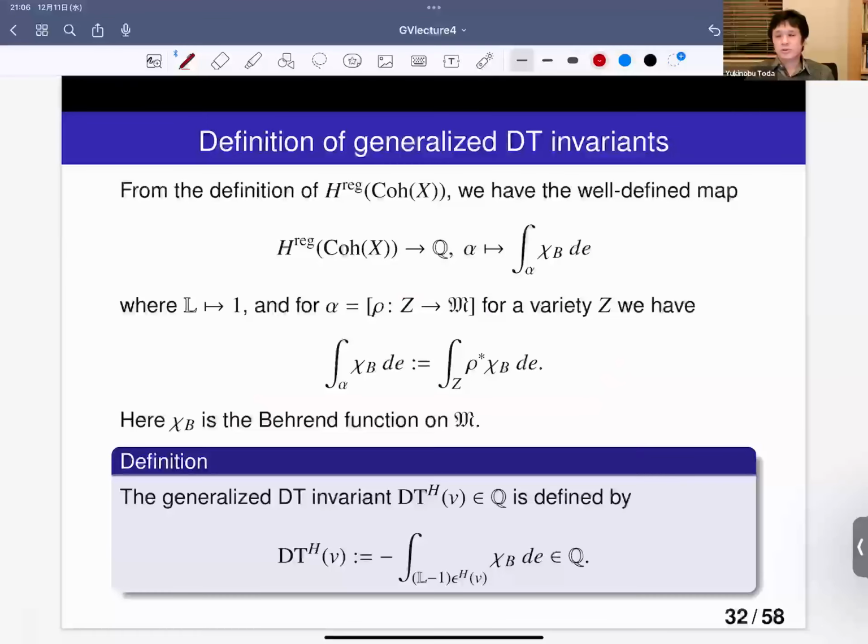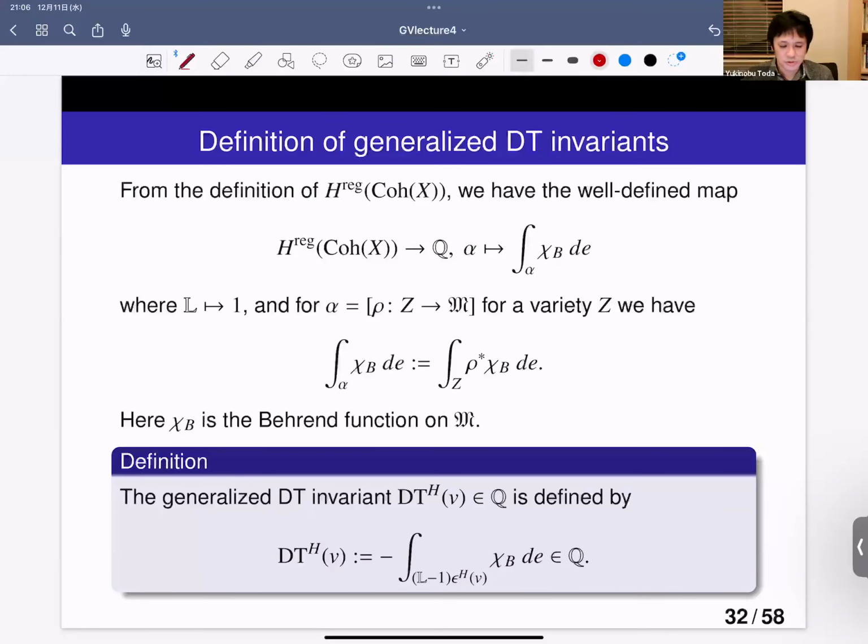But anyway, using this theorem, we can define the generalized Donaldson-Thomas invariant. And we have the well-defined Euler number map from this regular part. Similarly, we also have the well-defined Behrend-function-weighted Euler characteristic, that is, using the Behrend function over the stack.